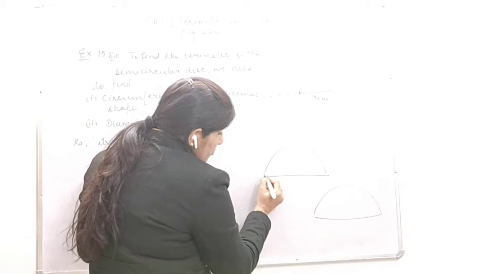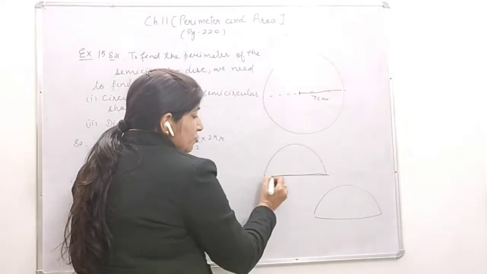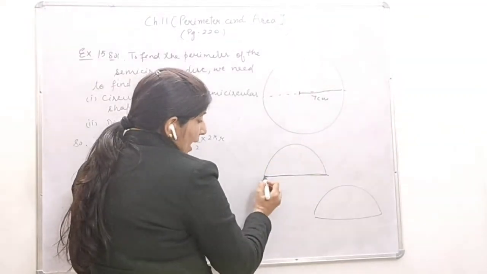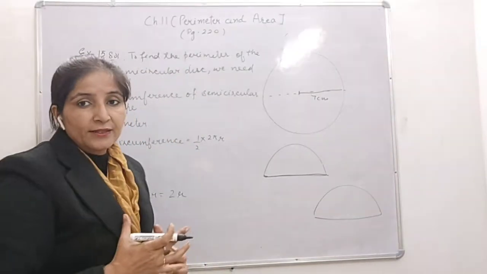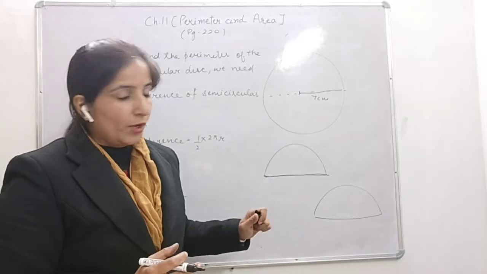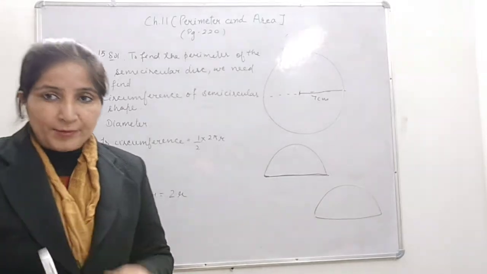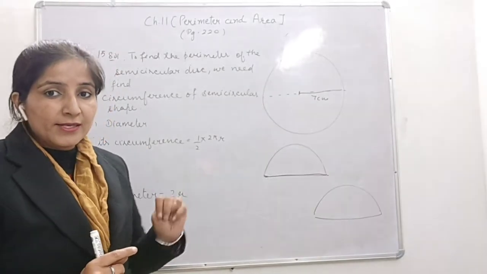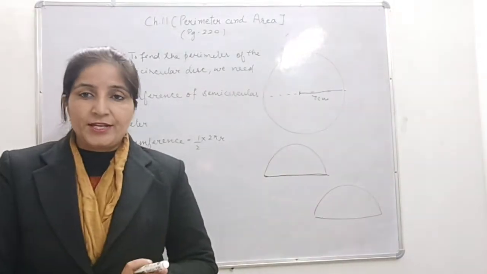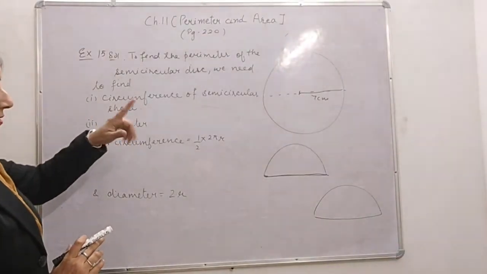And because after cutting, this is also the boundary of this shape, we need to add this diameter to half of the circumference to get the complete perimeter of this semicircular disc. So two things we require: one is the circumference of the semicircular disc, and the second is the diameter. But the given thing is the radius of the circle, which is 7 centimeter.